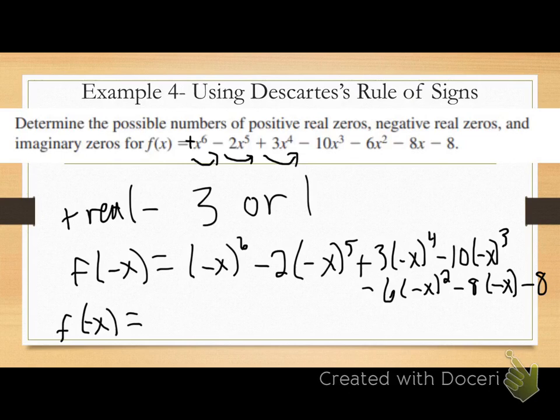So f of negative x: negative x to the 6th power would be negative x times negative x times negative x times negative x times negative x times negative x. That would come out to be positive x to the 6th.